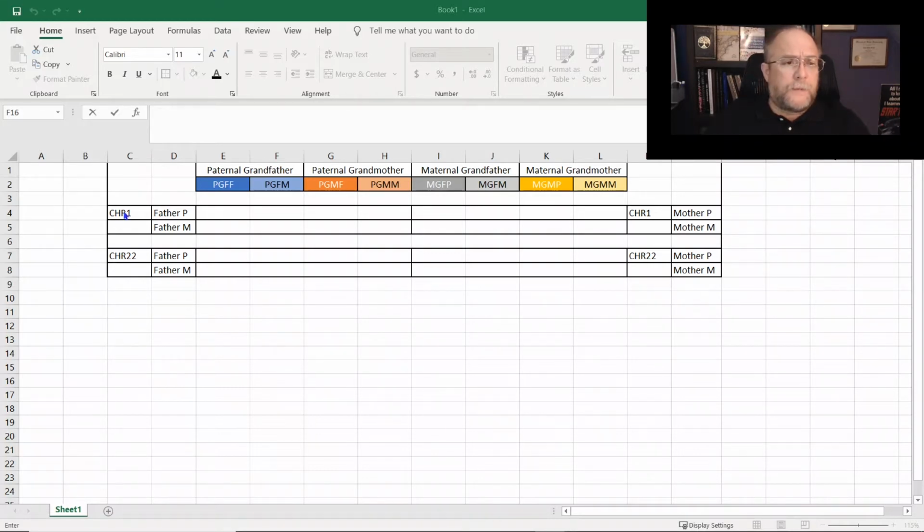So I've also represented the different chromosomes here, chromosome 1 and chromosome 22. I just picked two of them to show. What I'm doing here is each chromosome has some of your mother and some of your father. This is a graphical representation, simplified, just making the blocks the same size.